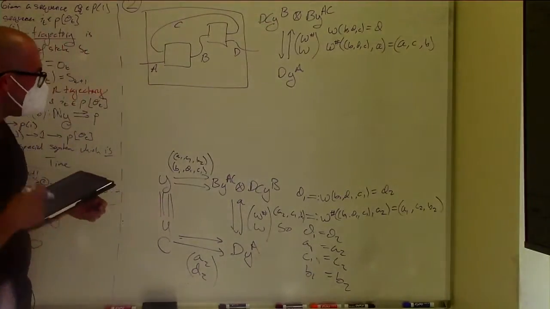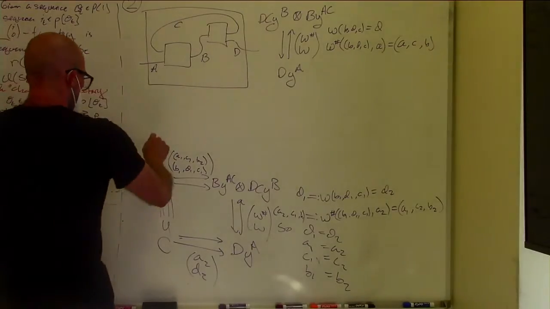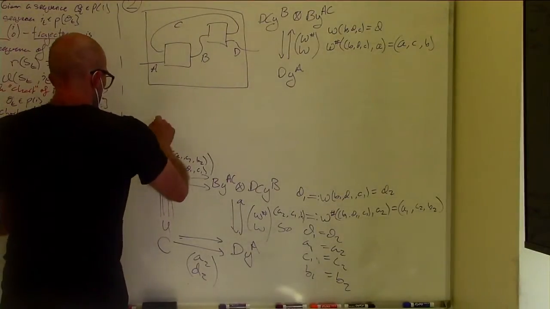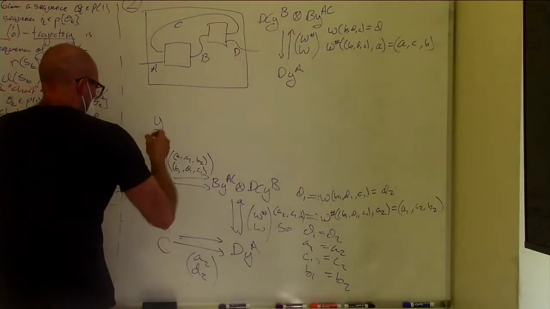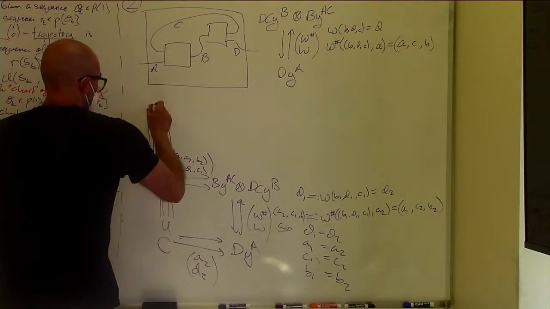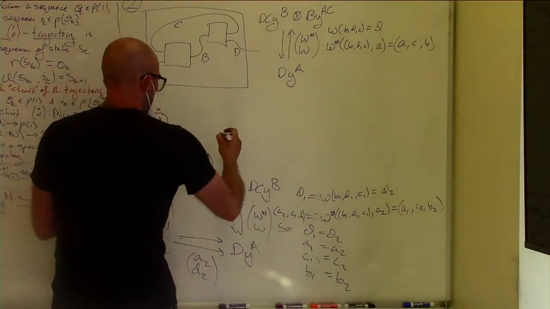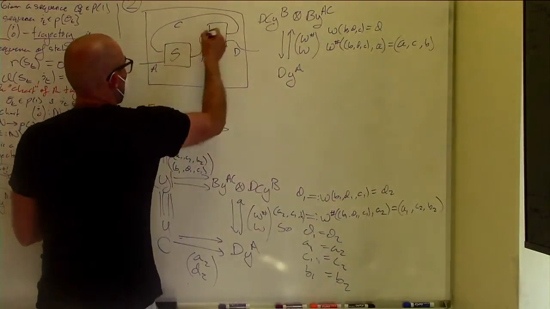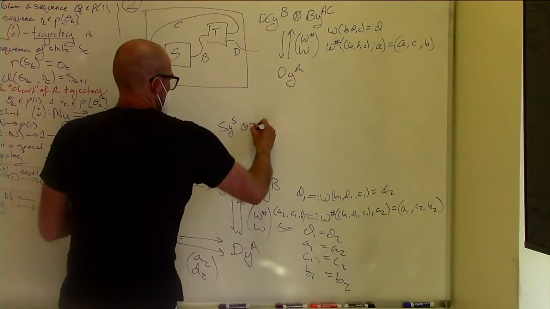So a square like this is a bunch of data sitting on that wiring diagram. Now, in addition to being able to compose horizontally, we can also compose vertically. So if I put here my system, which is fix, and I'll mark out where it is, this is going to be the system fix. And I put some, say I have two systems like S in here and T in here.